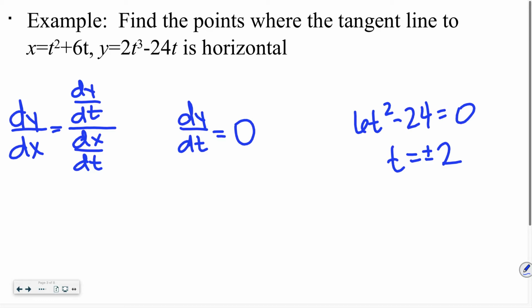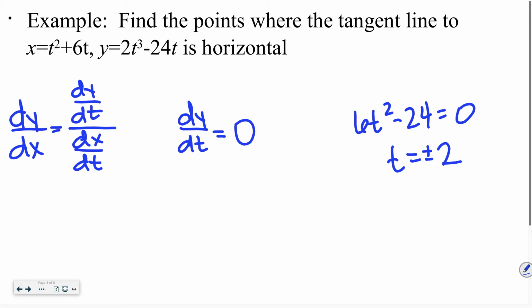But have we answered the question? Find the points where the tangent is horizontal. You found the t values, but I don't see points up there. So we need to actually find those coordinates by doing what? Plugging them into our original x and y.